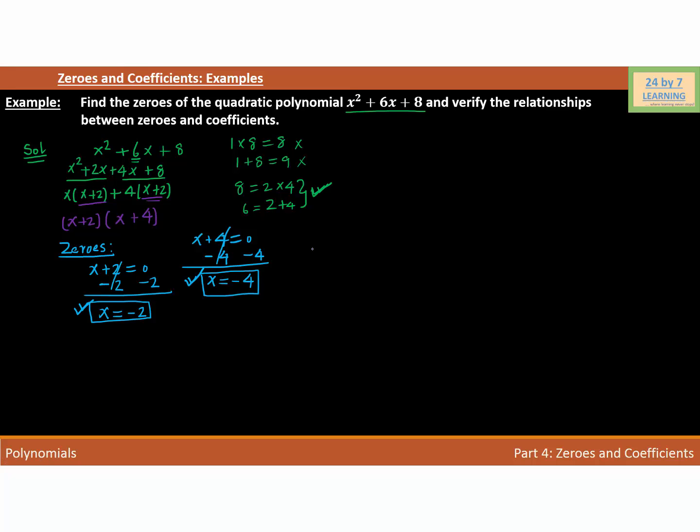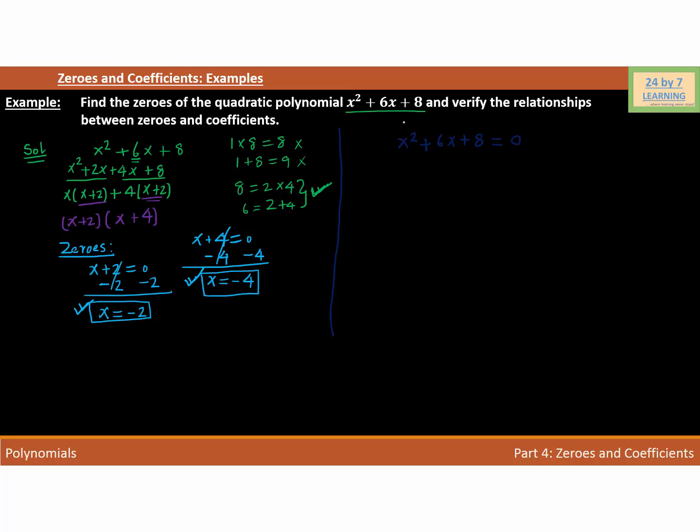Now we need to establish the relationship between zeros and coefficients. So I'm going to rewrite the expression as x squared plus 6x plus 8 equal to 0.